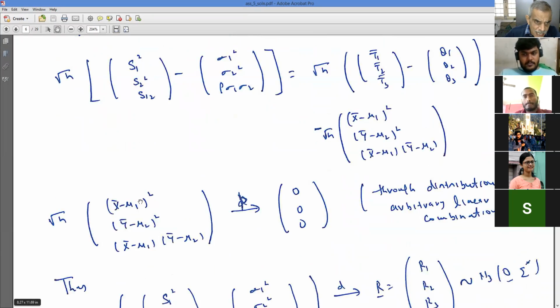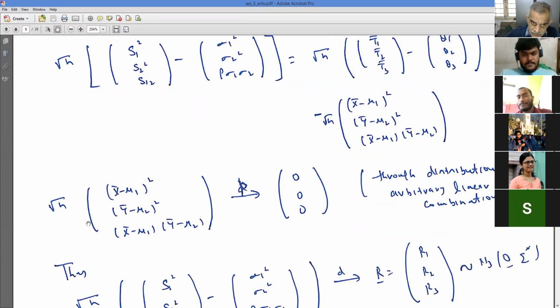Now I try to look at where this goes to. I know that root n times (x bar minus mu1) goes in distribution to normal. So n times (x bar minus mu1) whole square will go to normal 0, sigma 1 whole square. Similarly, this will go to normal 0, sigma 2 whole square, and this would go to something. So what does that mean?